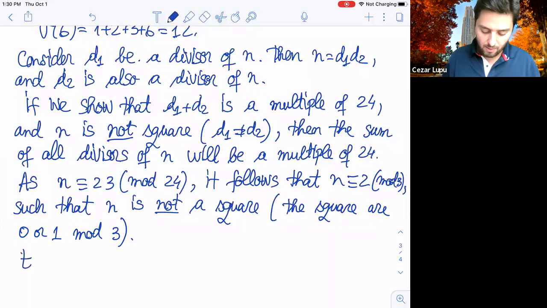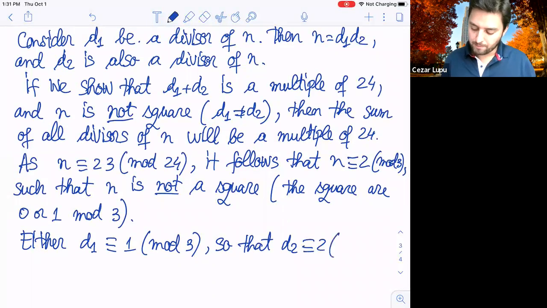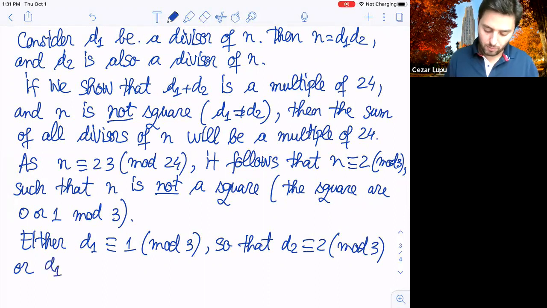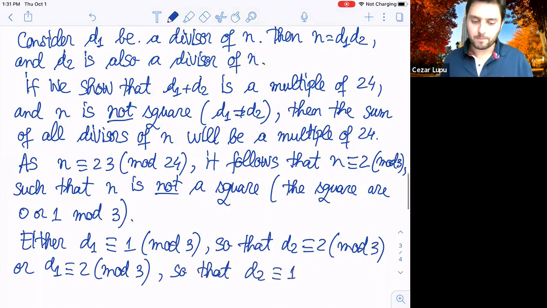We have either d1 congruent with 1 mod 3, so that d2 is congruent with 2 mod 3, or d1 is 2 mod 3, so that d2 is 1 mod 3.